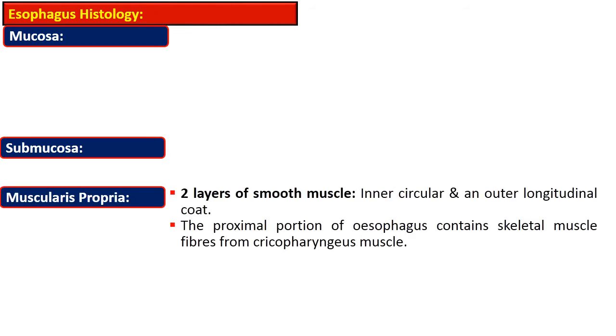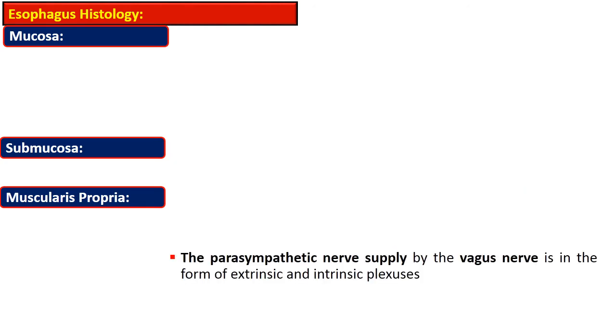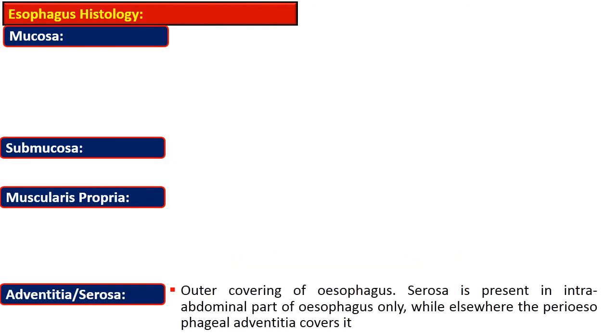The muscularis propria is composed of two layers of smooth muscle, the inner circular and outer longitudinal layer. The proximal part of the esophagus contains skeletal muscle fiber from cricopharyngeus muscle. The parasympathetic nerve supply of the vagus is in the form of extrinsic and intrinsic plexus.